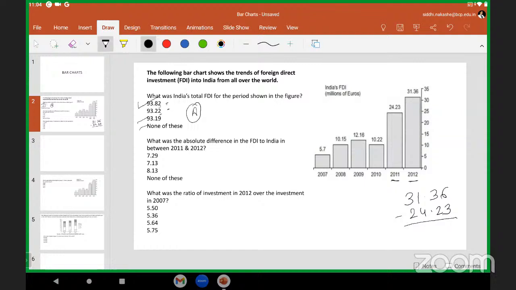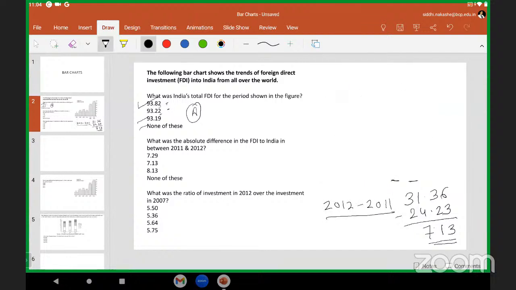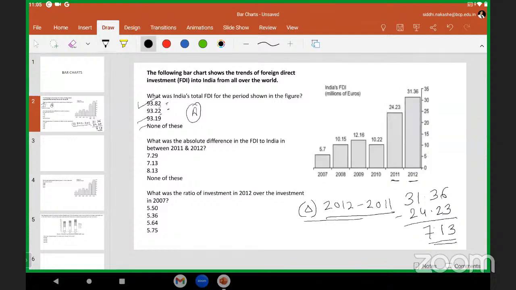So we'll get the absolute difference over here. This is nothing but 13, and this should be around 7. So 7.13 should be your answer. So what you have done for absolute is 2012 minus 2011. So this will be your absolute difference. So the answer is option B.